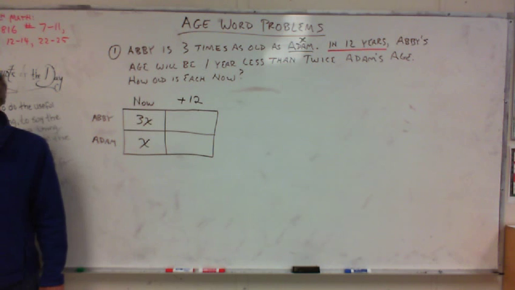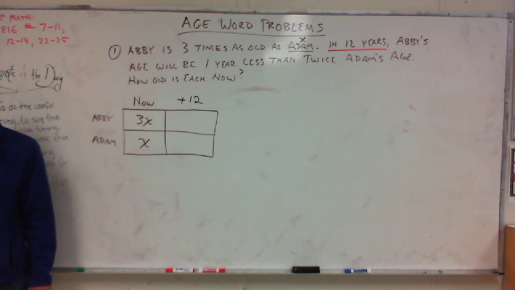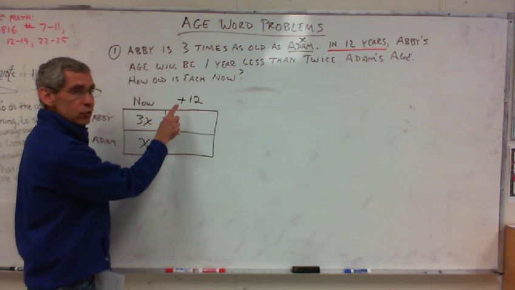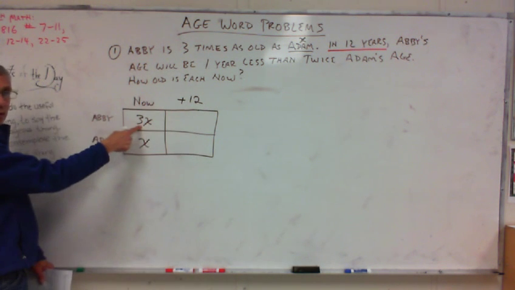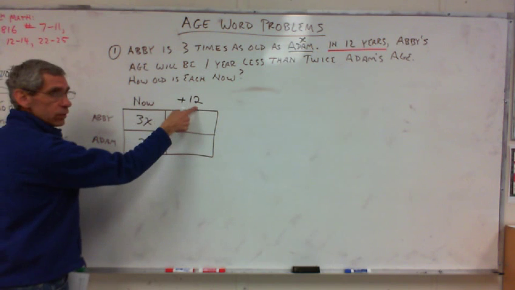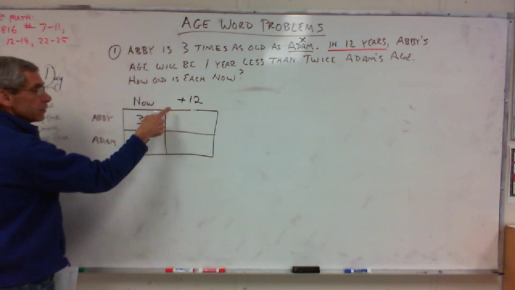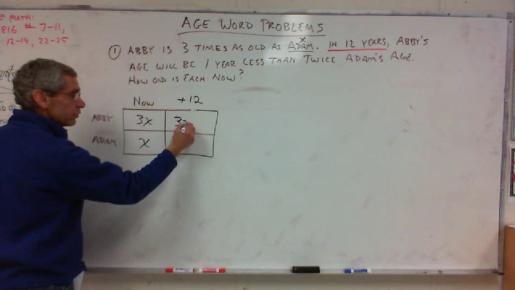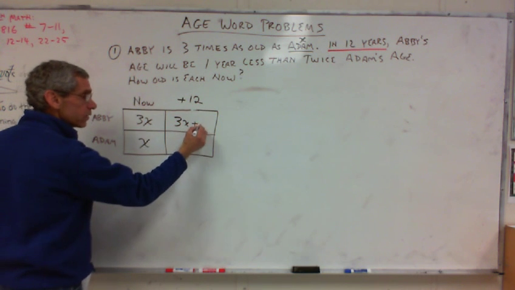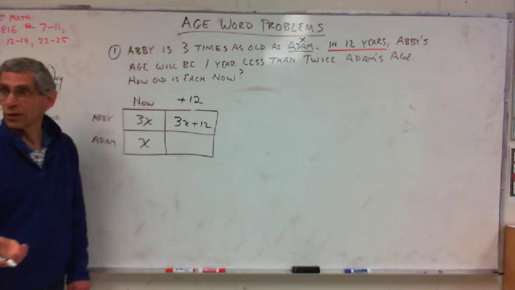Now, the next step is even easier. It's unbelievable, because all you have to do is what it says here. In this box, you take whatever is here, and then you do this to it. So 3x plus 12 in 12 years, don't you agree? If she's 3x now, she's going to be 3x plus 12 in 12 years, right?